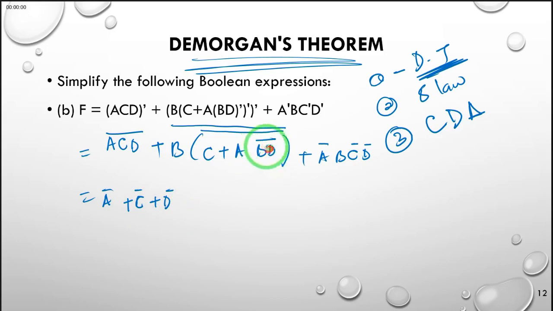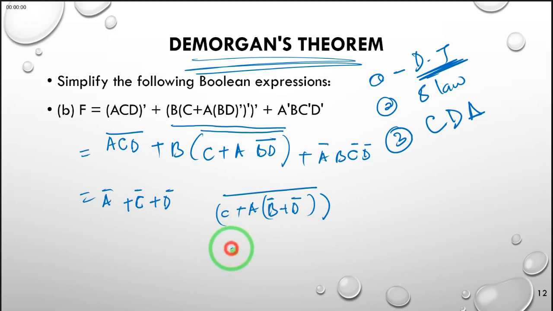Again, we open this bracket up. You start with the most inner one. So what we will have here is B bar plus D bar into bracket A plus C. Now I'm going backwards so that I can remove this bar because it's working on all of those. And when we have that, we will have equivalent to C bar dot A when we break this bracket, or this now becomes all B bar plus D bar on top.